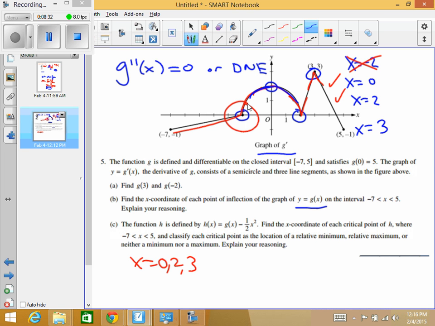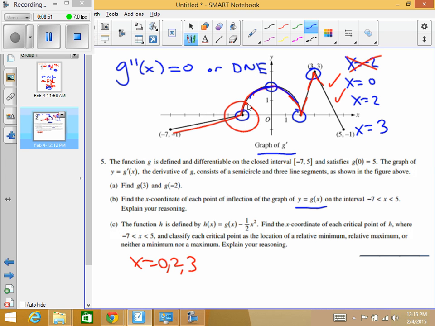You could also say g prime goes from increasing to decreasing at that point. As long as you use the right words with the right function, g, g prime, g double prime, you're going to be okay. You should say something like that for each of those 3 points.